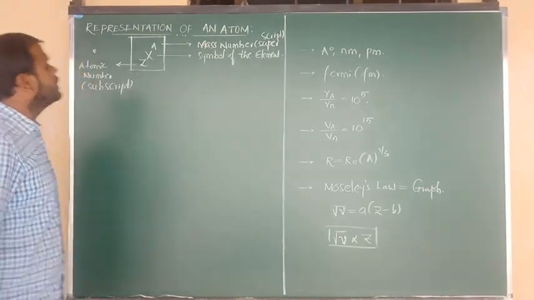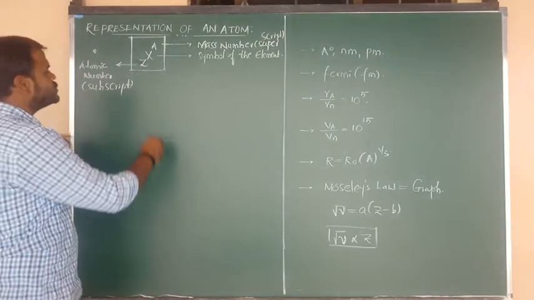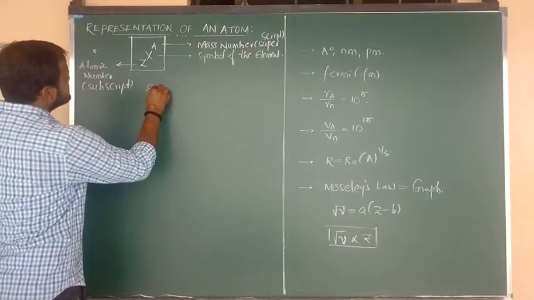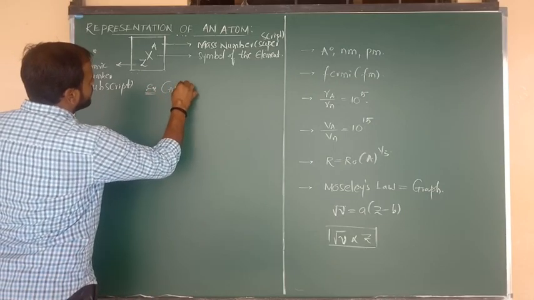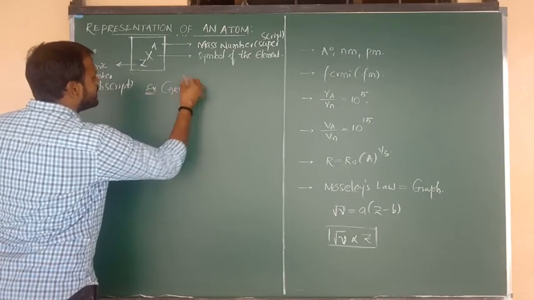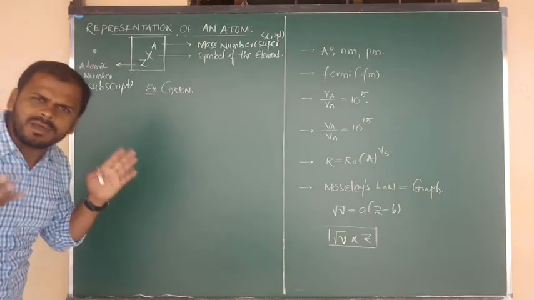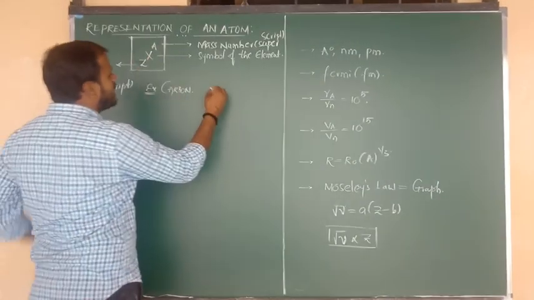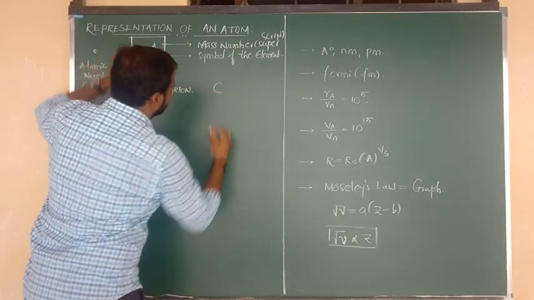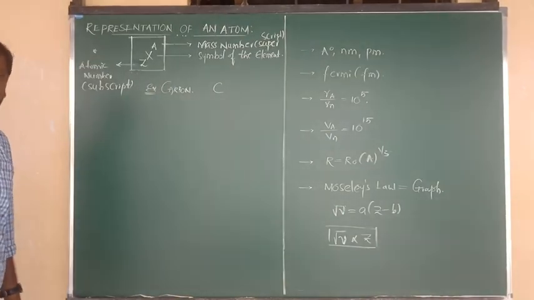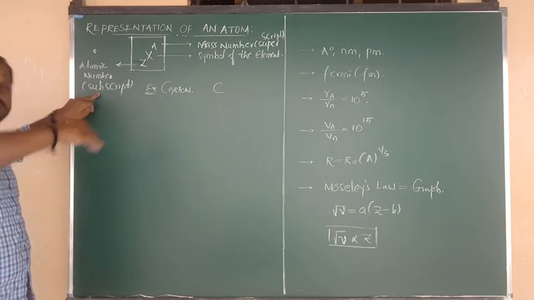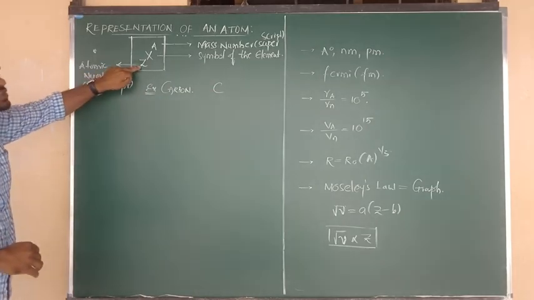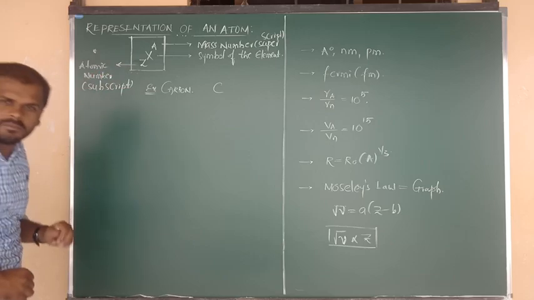Now one example I am going to tell you. The example I am going to consider is carbon. What is the symbol of carbon? In the place of X we write C. In the form of subscript, at the bottom of the symbol, we write the Z value, the atomic number.